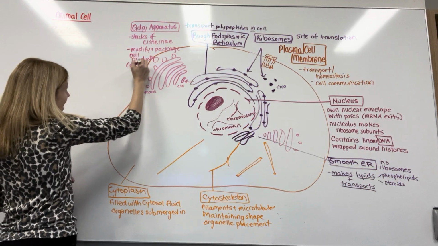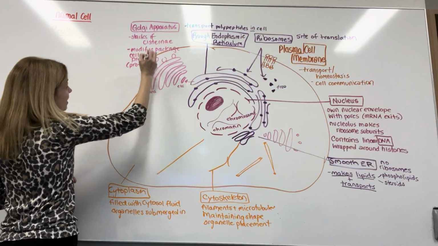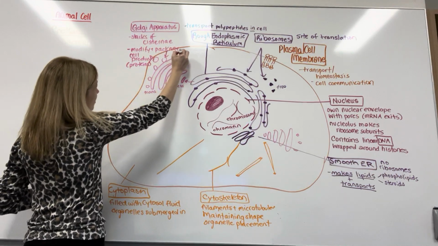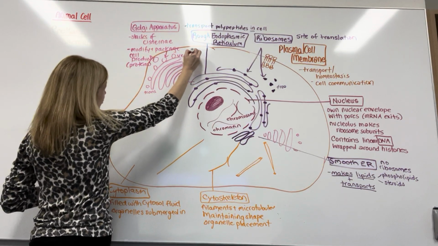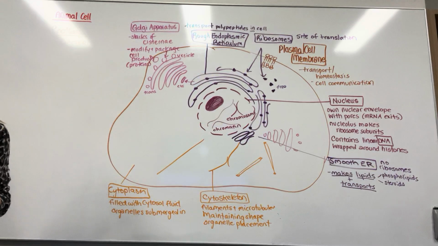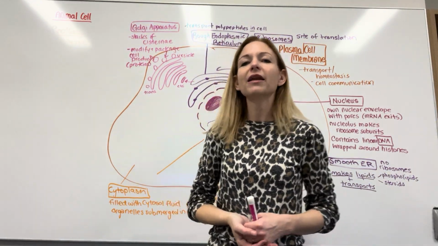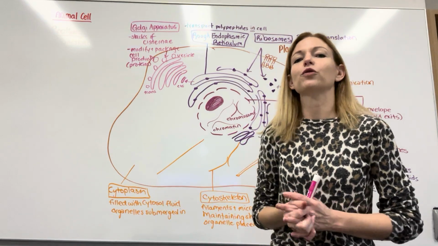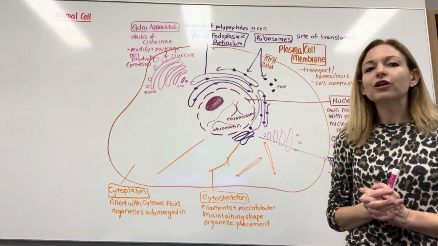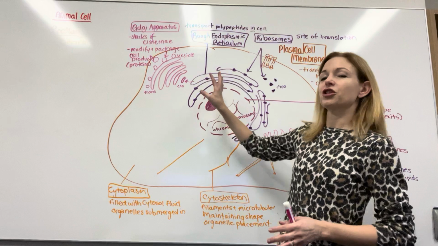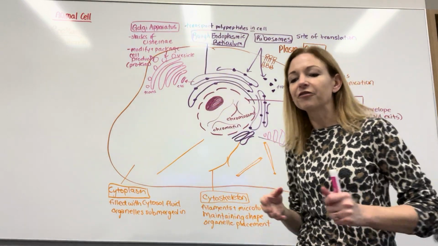And it's going to package them into a vesicle. So the little bubble coming off of it is a vesicle, and then that little bubble can exit through the cell membrane via exocytosis, which we'll get to when we cover the cell membrane a little bit more. So we're going to package the products, put them in there, and then leave.